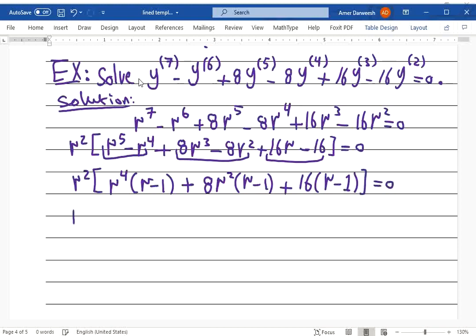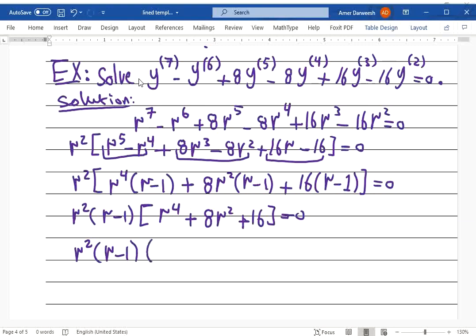Here, we're going to factor out r minus 1, and the rest is r to the power 4 plus 8r squared plus 16 equals 0. We can factor this now as a quadratic equation, considering r to the power 4 as r squared. So I get r squared plus 4 times r squared plus 4 equals 0.